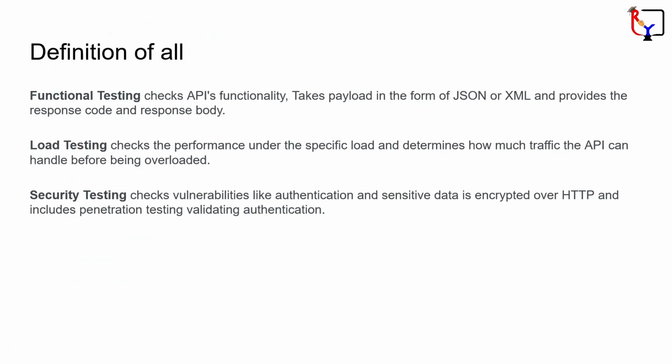The test takes a payload, which I already showed in the previous video, in the form of JSON or XML, and provides the response code and response body. I will explain the response codes, the different types of HTTP method codes we have.